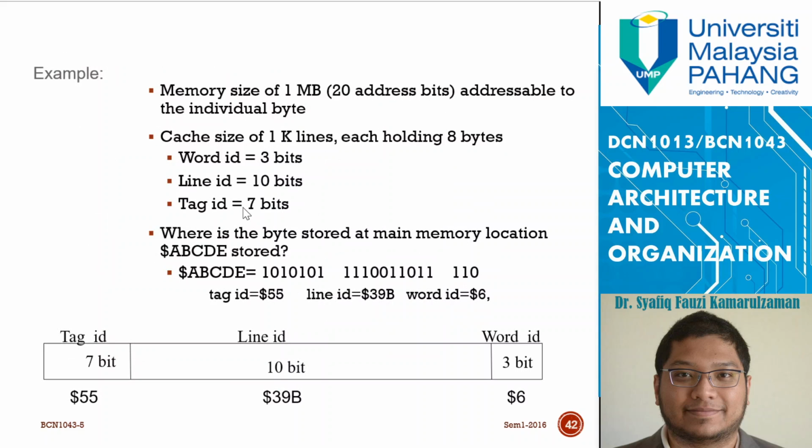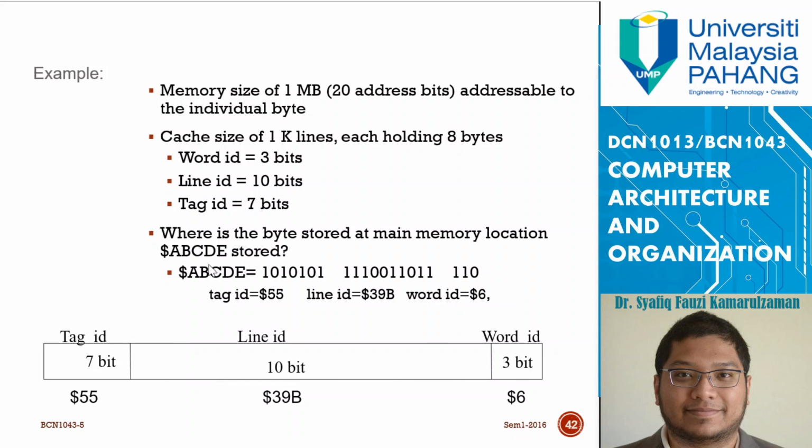So, an example of a memory address. This one represents a memory address. The memory size is 1 megabyte, with 20 address bits, addressable to the individual byte. The cache size is 1K lines, each holding 8 bytes. Within the 20 address bits, we have 7 bits representing the tag, 10 bits representing the line, and 3 bits representing the word.